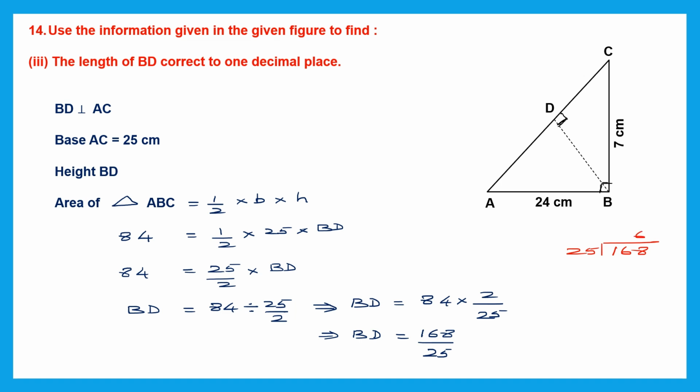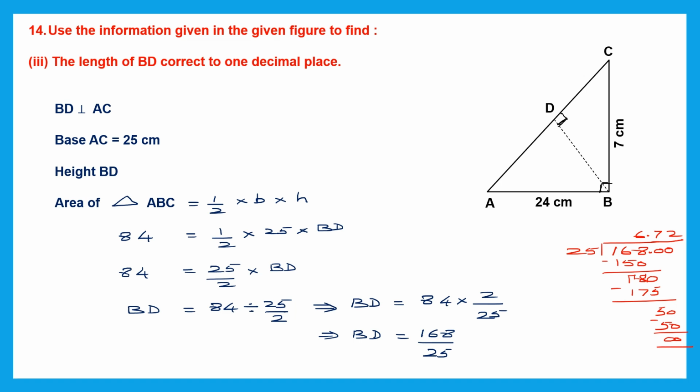25 into 6 is 150 minus, now here we have 8, 1 and then we continue our division 180. Now 25 into 7 is 175 minus, now here we have to borrow, so this becomes 10 minus 5 is 5 and then 0. Now let's continue 50. 25 into 2 is 50 and now our remainder is 0.